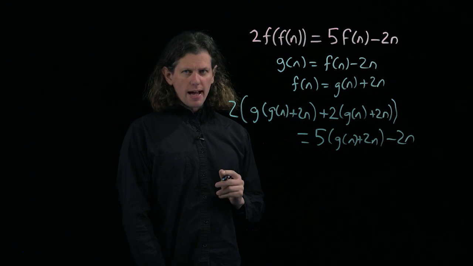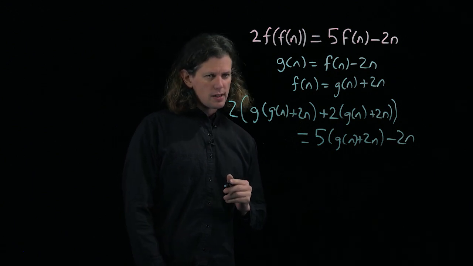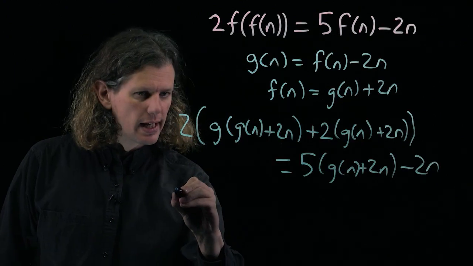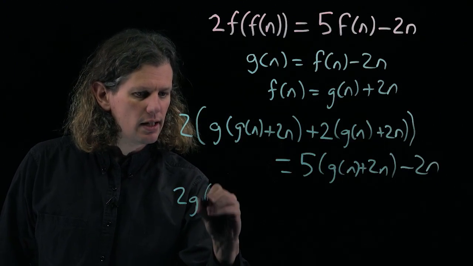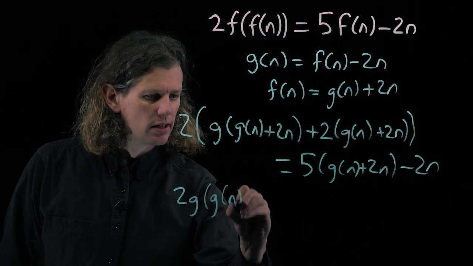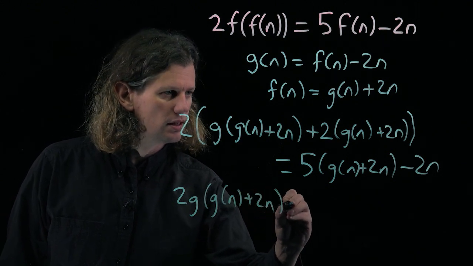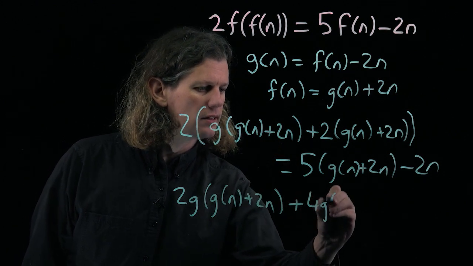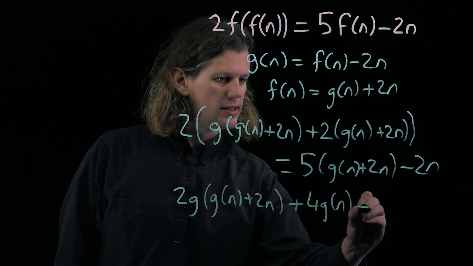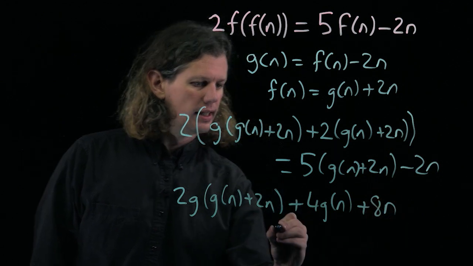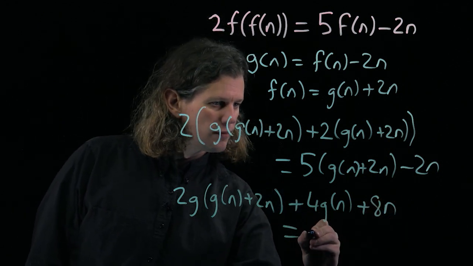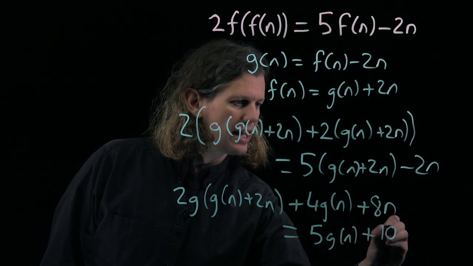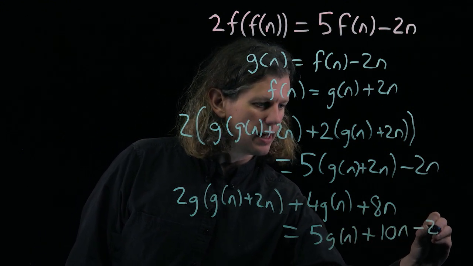Now we've made rather a mess, but luckily we can tidy this up a bit. So let's multiply out some brackets and see what happens. So we get 2g of g of n plus 2n, plus 4g of n, plus 8n is equal to 5g of n, plus 10n minus 2n.